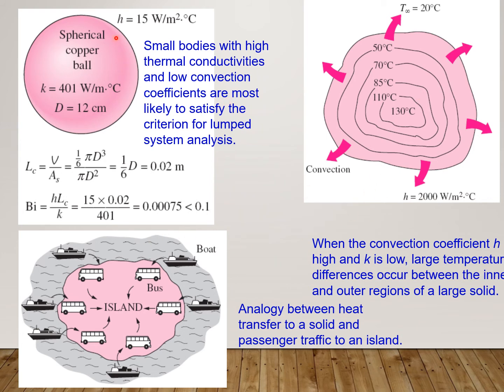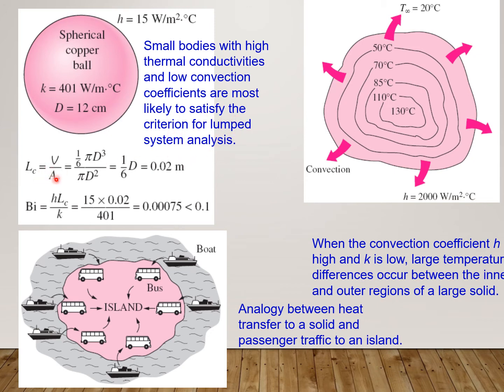So here we consider a spherical copper ball whose k is equal to 401 W per meter per Celsius, diameter is 12 centimeter and h is 15 W per meter square per Celsius. Small bodies with higher thermal conductivities and low convection coefficients are most likely to satisfy the criterion of the lumped system analysis.